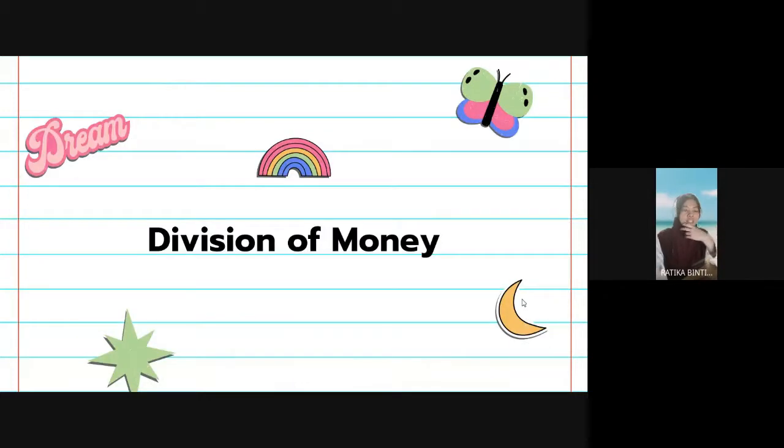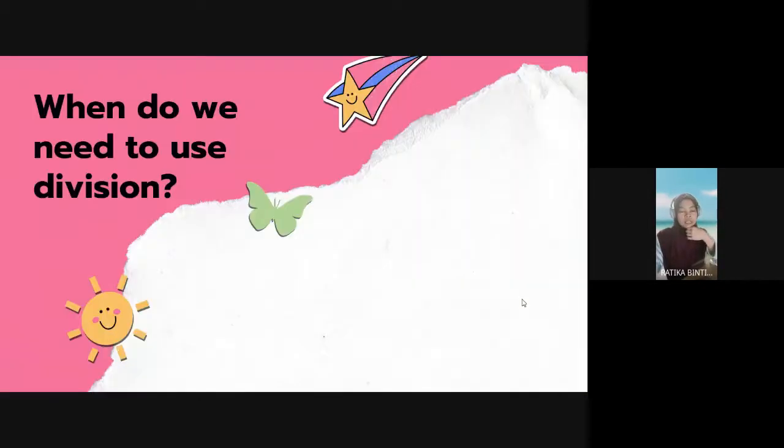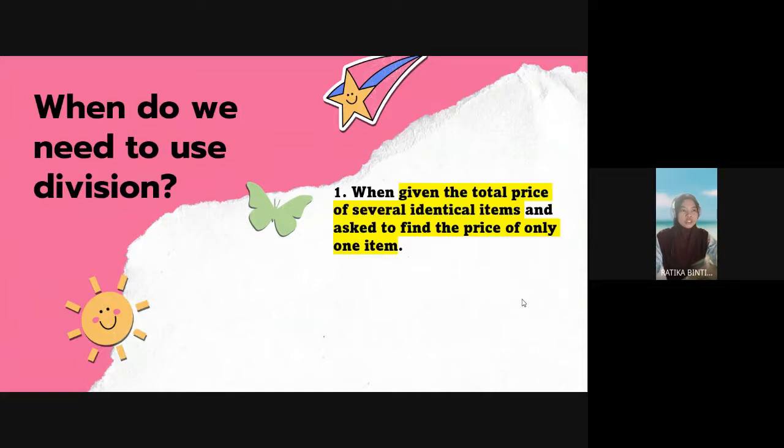Okay. So next, division of money. When do we need to use division of money? Is when you are given the total price of several identical items, maksudnya benda yang sama harga, and asked to find one. You're given the total price and you need to find one. For example, in this aquarium ada fish lah. Ada 4 fish.